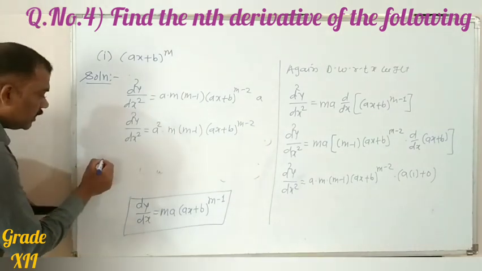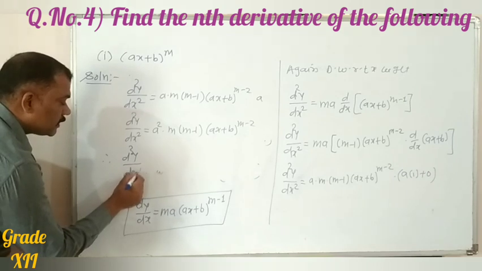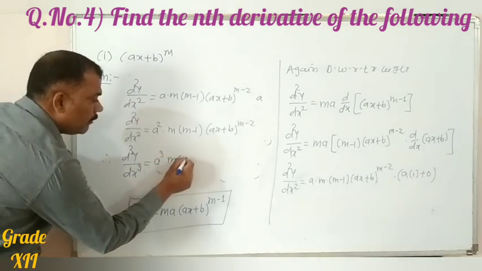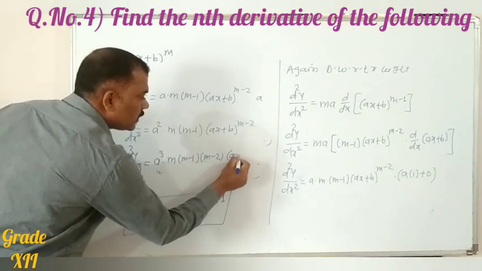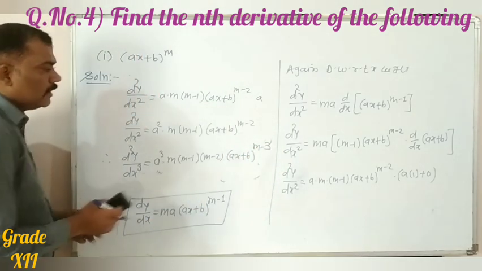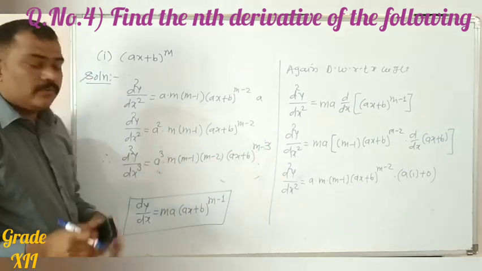From that we can write, similarly we can write d3y by dx cube is equal to a cube into m into m minus 1 into m minus 2 into ax plus b raised to m minus 3. Second order derivative we have to minus 2, third order derivative we have to minus 3.